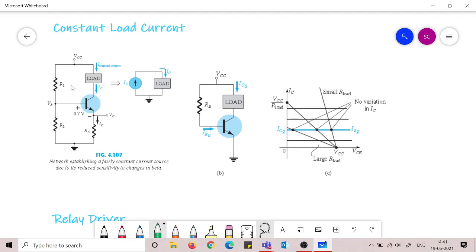Another is that we can make it independent of IB, and this is the voltage divider connection, where we are making the IC independent of IB, and hence we are getting this current IC becoming very constant, and it almost behaves in this manner that we can suppose that there is a current source IC which is driving the load.